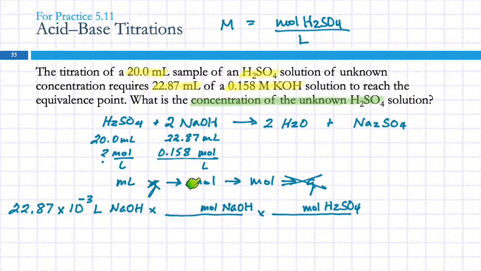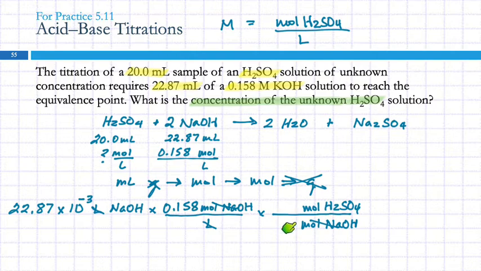Then I'm going to moles and to moles, bringing the units down so they'll cancel out. My liters are going to cancel. My moles of sodium hydroxide are going to cancel. How many moles of sodium hydroxide are there for every liter? 0.158, that was given to us. So 0.158 moles of sodium hydroxide per liter.